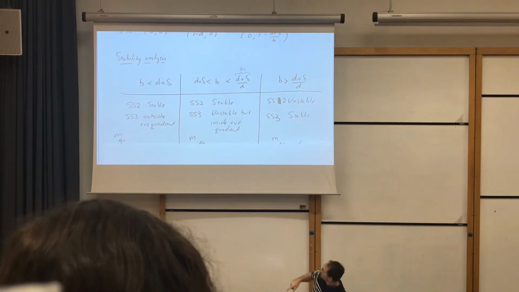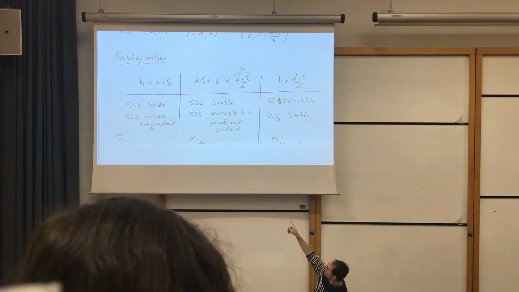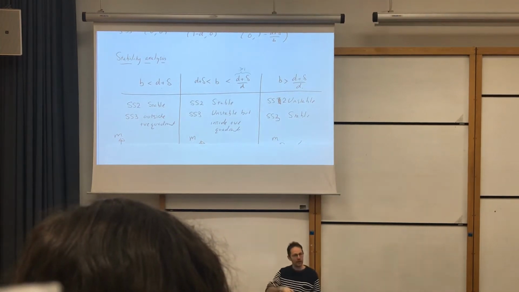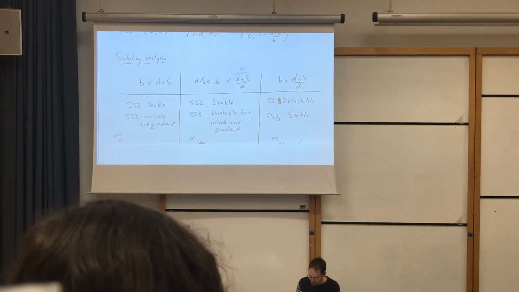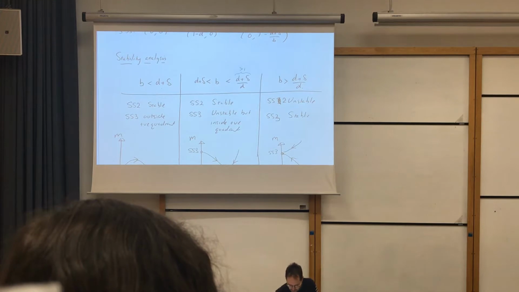In the middle region, SS2 was stable, SS3 was unstable, but was now shifted into the positive quadrant. And in this third region, SS2 becomes unstable and SS3 becomes stable.